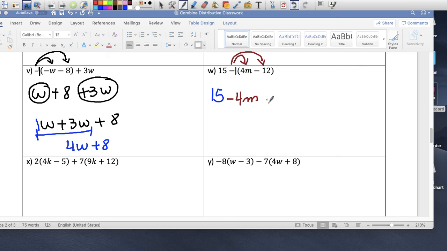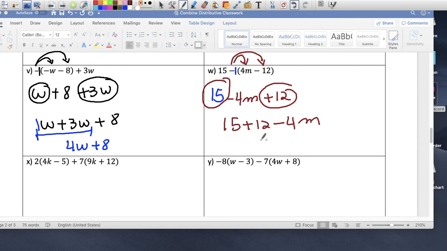Negative 1 times negative 12 is positive 12. Combine like terms? Yes, this guy will combine with this guy. So let me put them side by side. 15 plus 12. Let me put that minus 4m in the back. 15 plus 12 is 27. Minus 4m. You can't combine these two because they're not like terms, right?